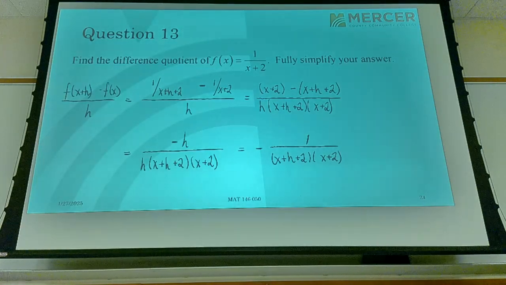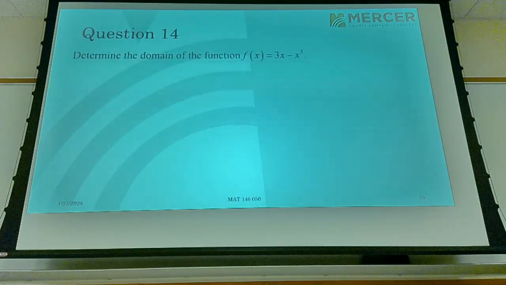And one that has square roots. Domains. Remember what we do with domain. Start with all real numbers. Then remove restrictions.